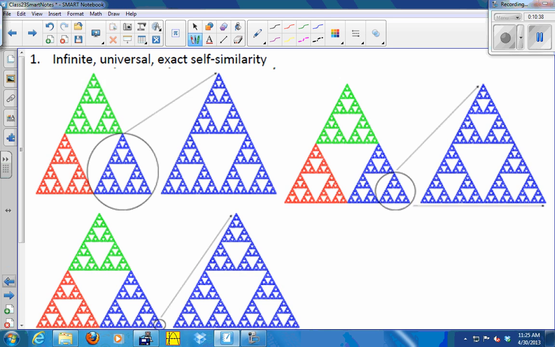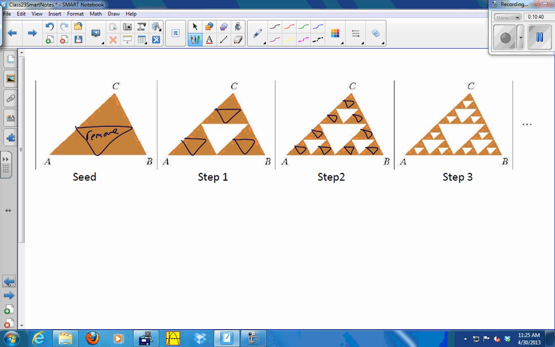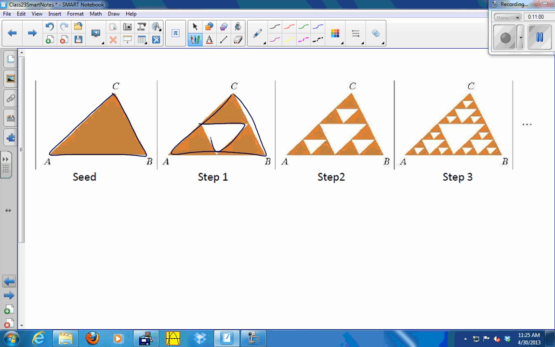So let's look at the first few steps here. In step 1, let's just say each side has length 1. My perimeter would be 3, right? And then in step 2, I have that original 3 plus 1.5, if we're talking perimeter as being the edge and not just the outer edge.